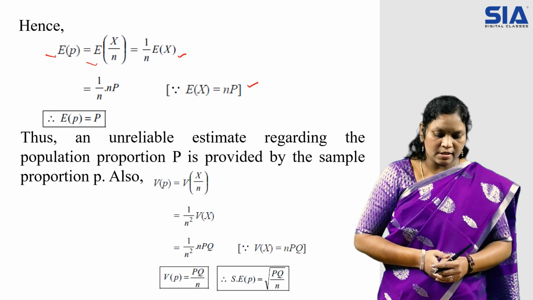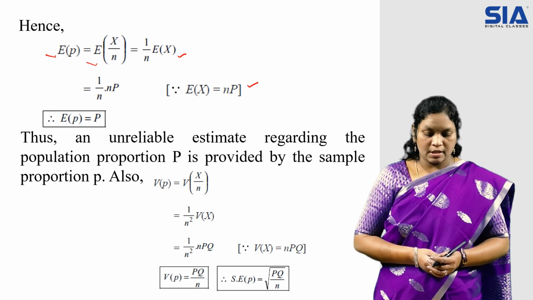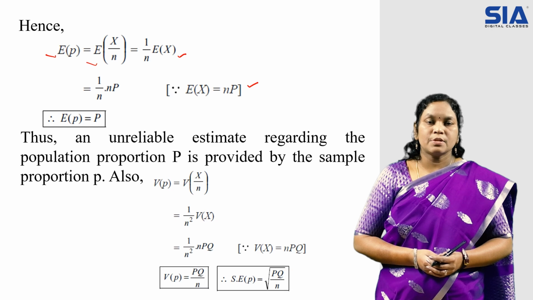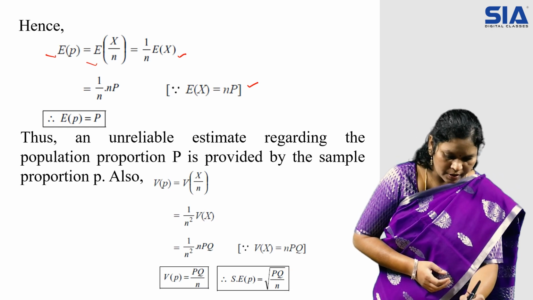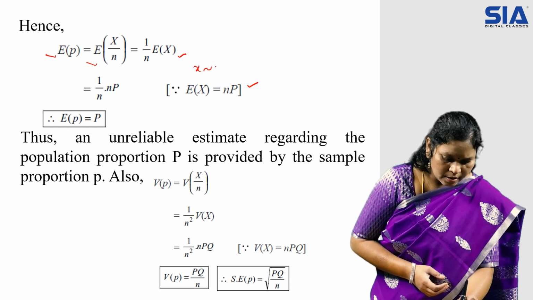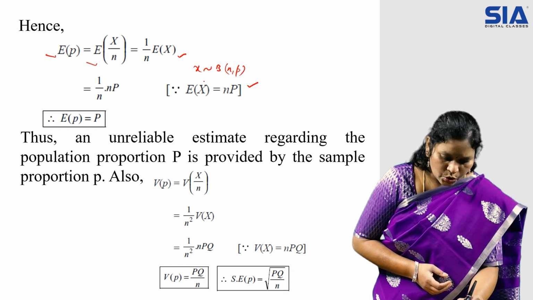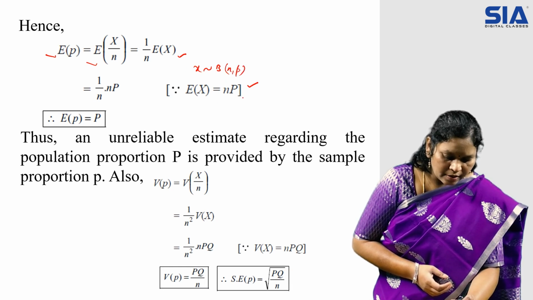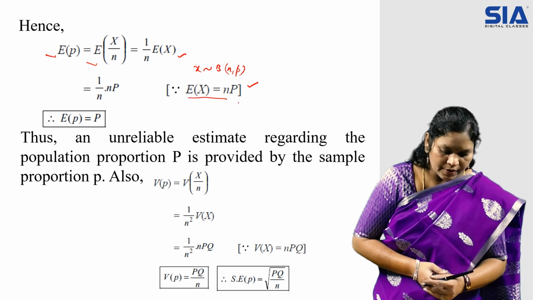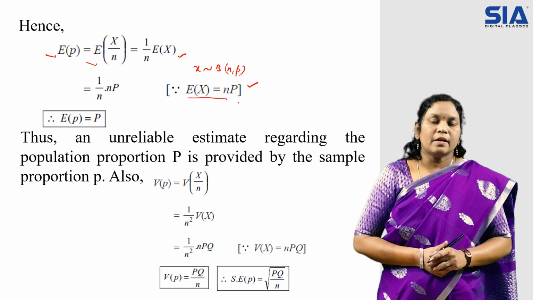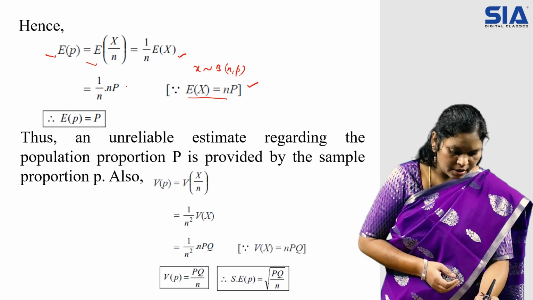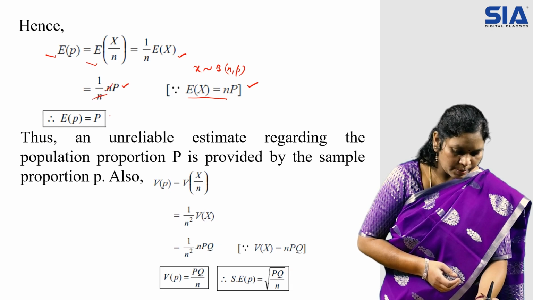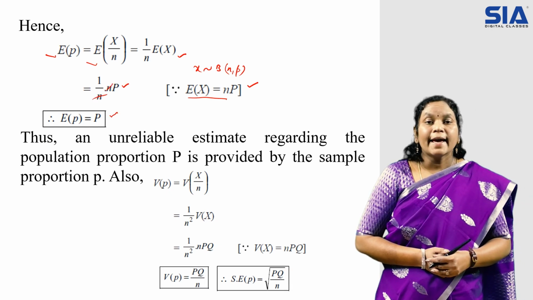Just now we discussed success and failures we will be considering, so x follows binomial distribution with n comma p parameters. So our mean and variance we are considering. So E of x becomes our np, so I am substituting np here. N will get cancelled. You will remain with the expectation of small p is equal to capital P.